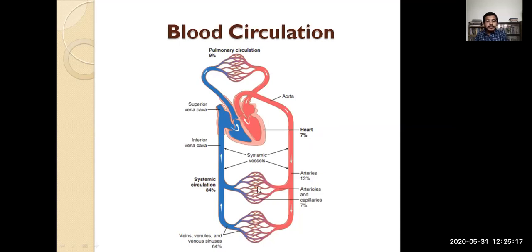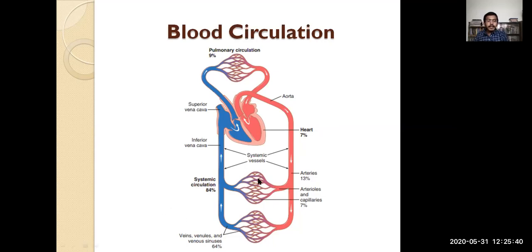And these capillaries are mainly made up of only a single layer of endothelium, meaning tunica interna. So due to the very thin nature of this endothelium, the nutrients and different types of gases can easily diffuse out of the blood vessels into the interstitium.